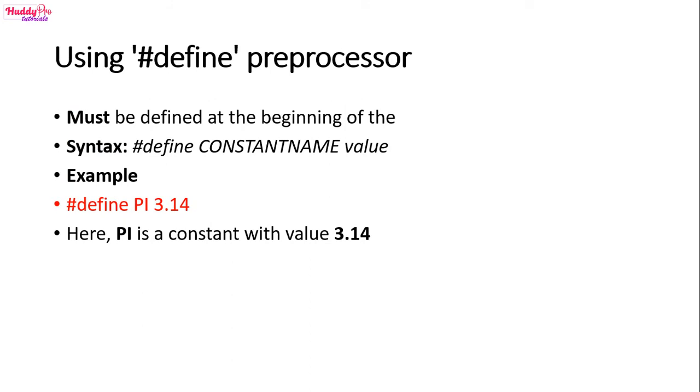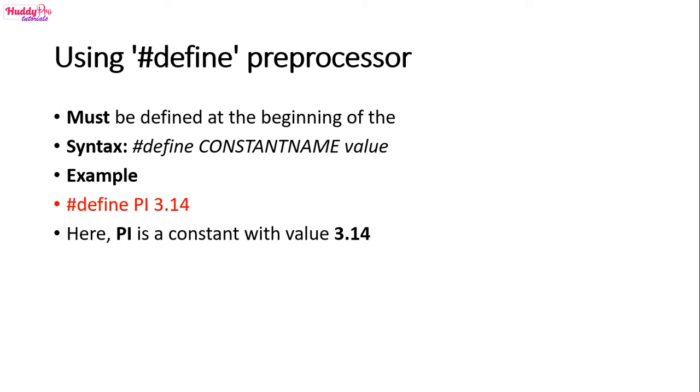Now, another way of defining a constant, as you have said, is using the define preprocessor. So we can also create constants using the #define preprocessor directive. When we create a constant using this preprocessor directive, it must be defined at the beginning of the program.